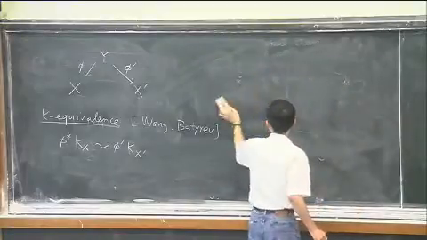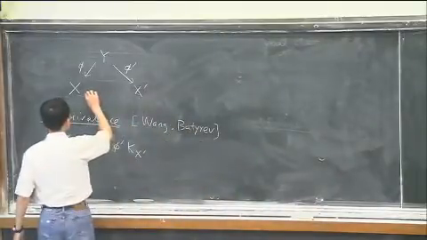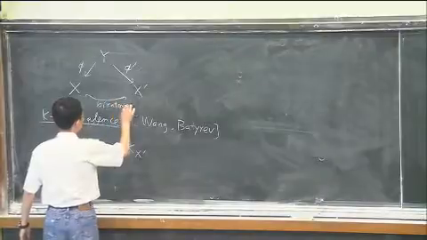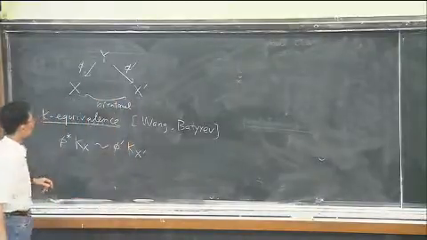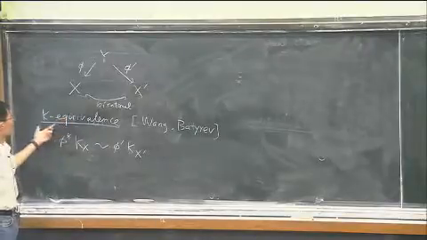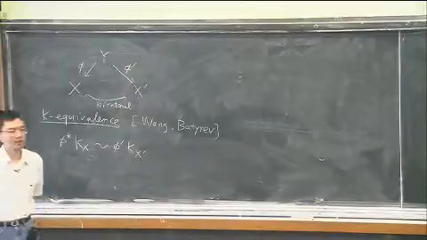And they are of course birational. So these two, X and X prime, are birational and have a common resolution, and I call them K-equivalent if they have basically the same canonical class in a natural way.